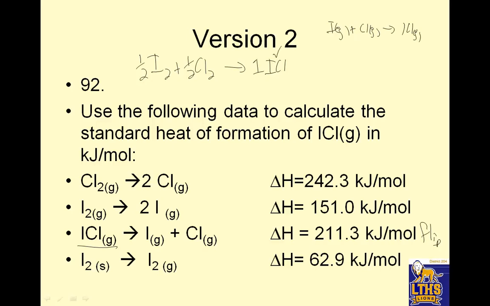Now I need to have half a chlorine on the left. So I'm going to put this part right in there, and I flipped that around. So if I flipped it, it's negative 211. Now I'm going to do half of I2. Half of I2 yields I. So I divide that in half, I'm going to get 75.5.